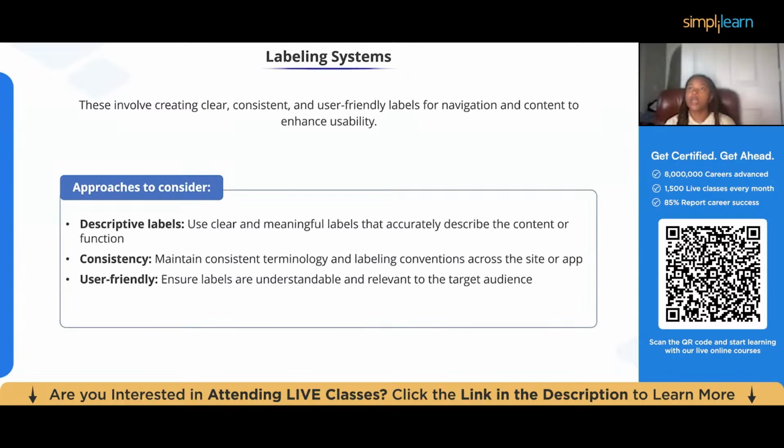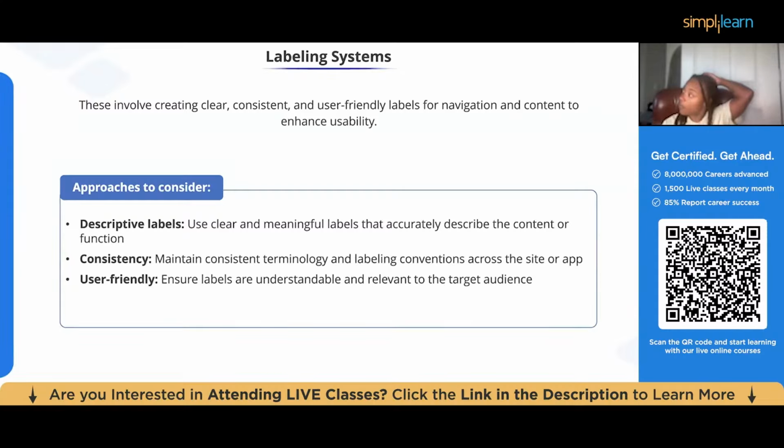Labeling systems. These involve creating clear and user-friendly labels for navigation and content to enhance usability. Approaches to consider here are descriptive labels. Use clear and meaningful labels that accurately describe the content or function. Consistency: maintain consistent terminology and labeling conventions across the site or app.